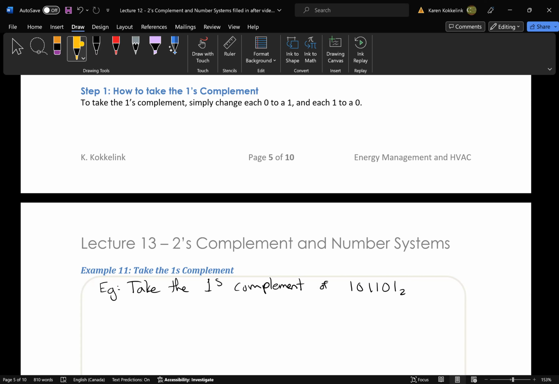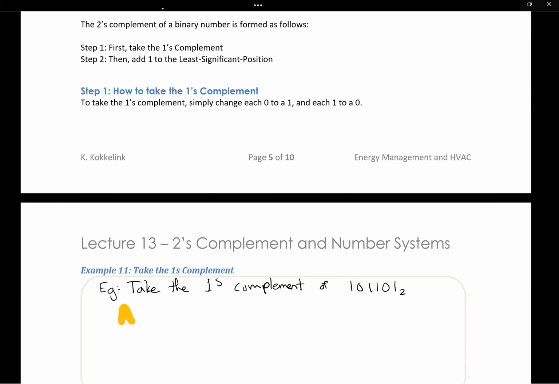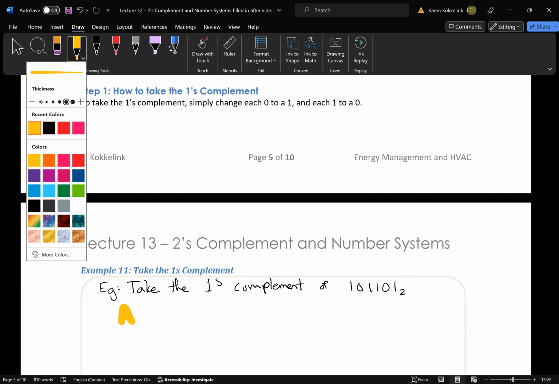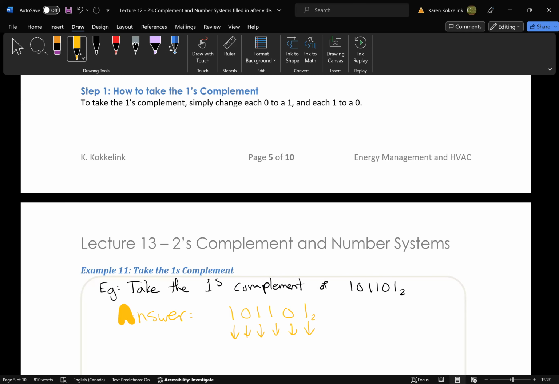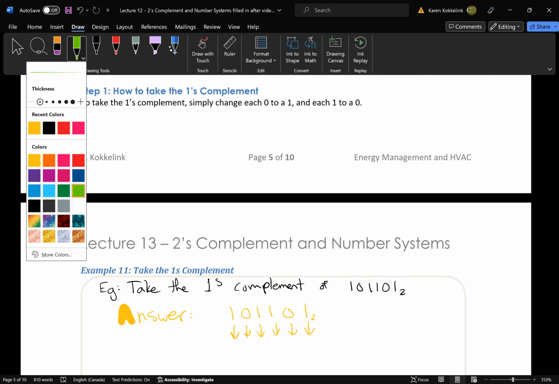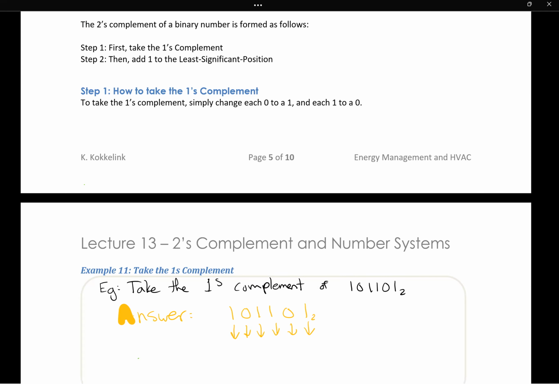I like writing down the initial number, and then I like putting little arrows. It just keeps me kind of focused on what I'm doing. I like to remember that this is in the binary system, so I'll put a subscript there. Subscripts are always helpful.